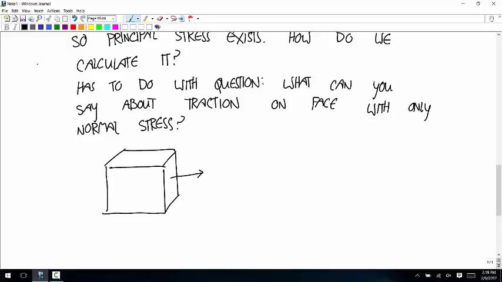What's the relationship between the traction vector and the x-axis? When you only have normal stress, there's a relationship between the axis and the traction vector. They're parallel, yeah. Well, the traction vector could be 50 megapascals or negative 25 megapascals or whatever. We don't know what the magnitude is, but we know that it's parallel to the x-axis.